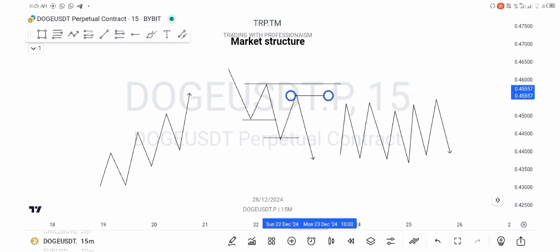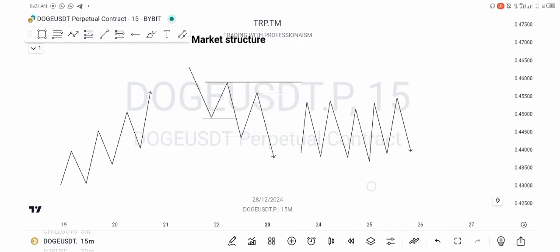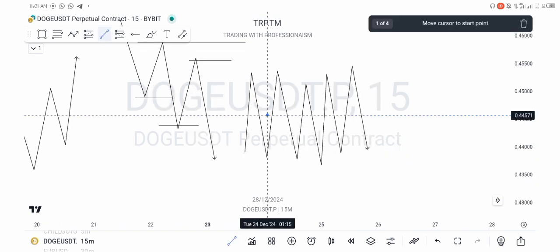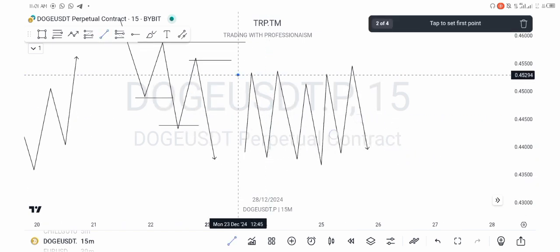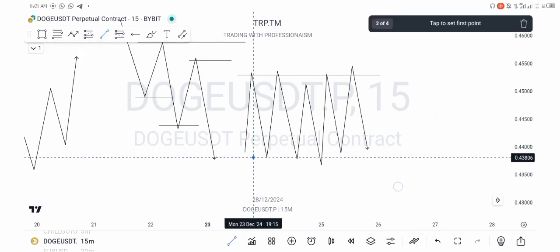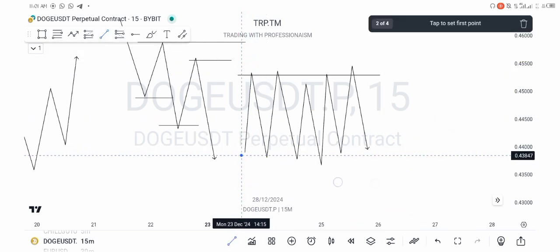So in a downtrend, the next high is lower than the previous high, and the lows are lower. Then for a consolidation, there is no defined direction. The market doesn't have a defined direction that it is moving in.